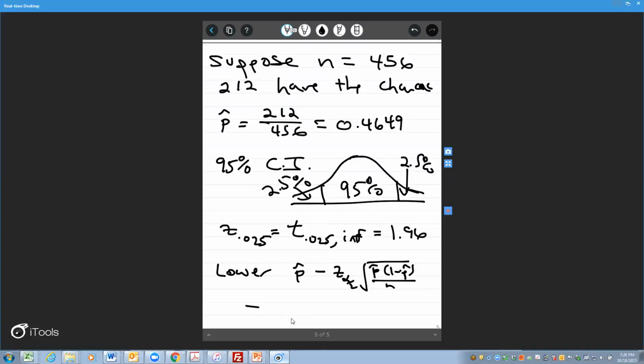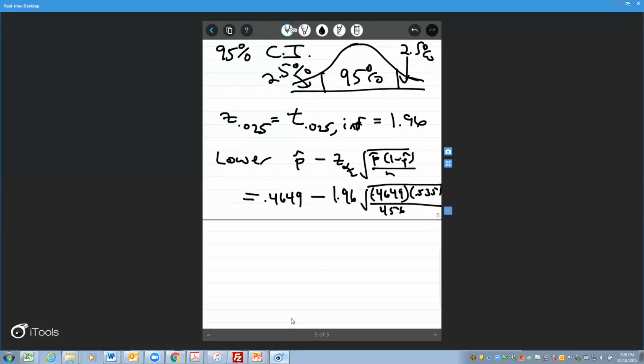So in this case, that's going to be 0.4649 minus 1.96 times the square root of 0.4649 times 0.5351 over 456. Where did the 0.5351 come from? Well, that's 1 minus 0.4649.